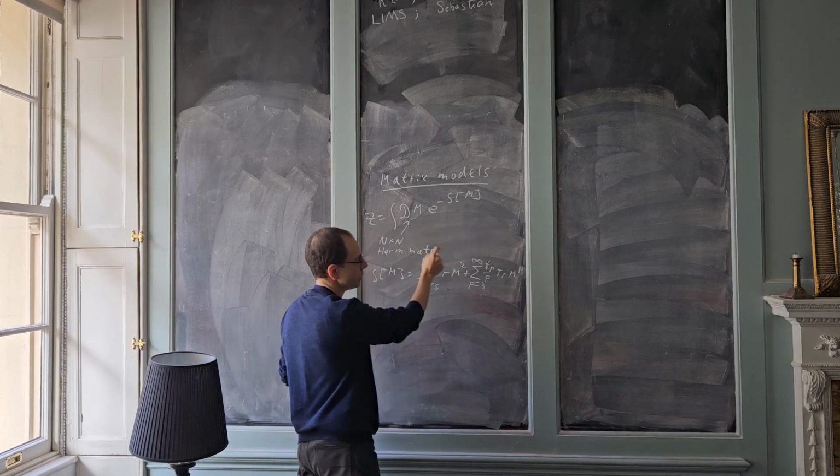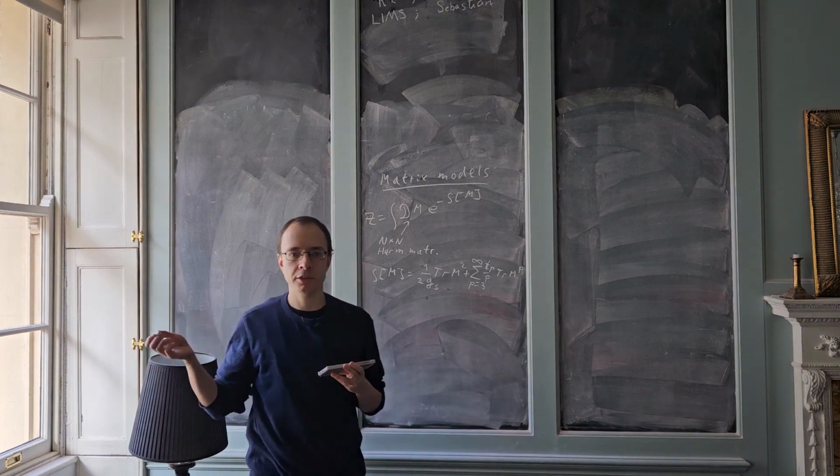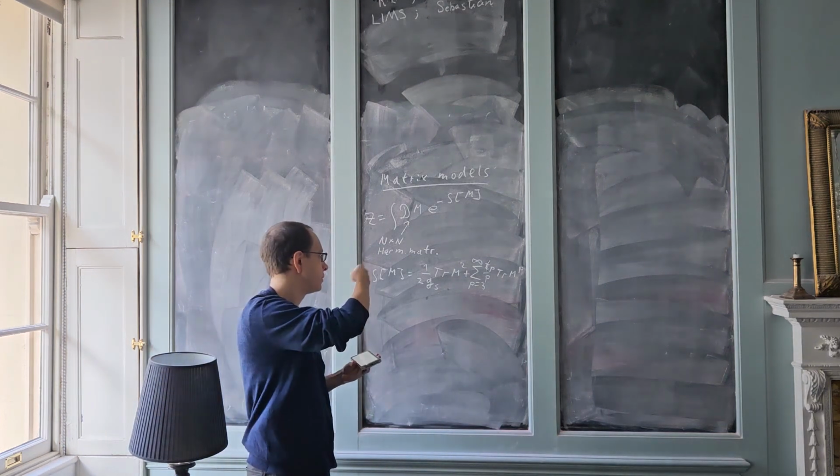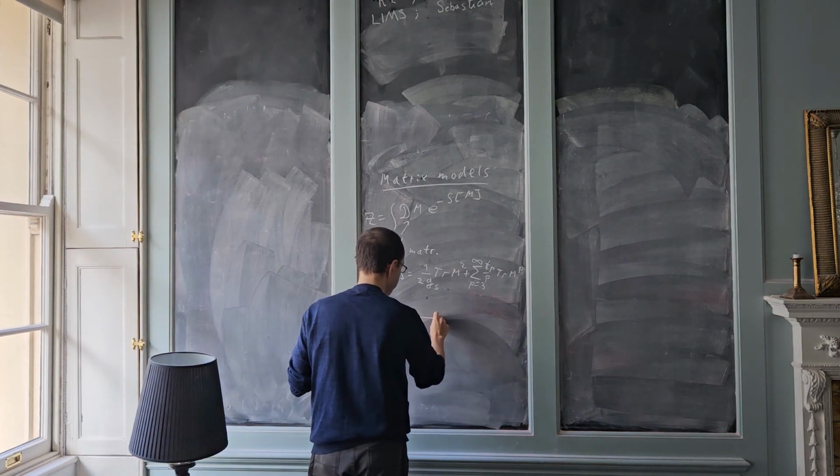And then Z is a function of all these couplings and has some non-trivial perturbative expansion in terms of nice Feynman graphs. So we learned about how one can write the propagator as a double line.